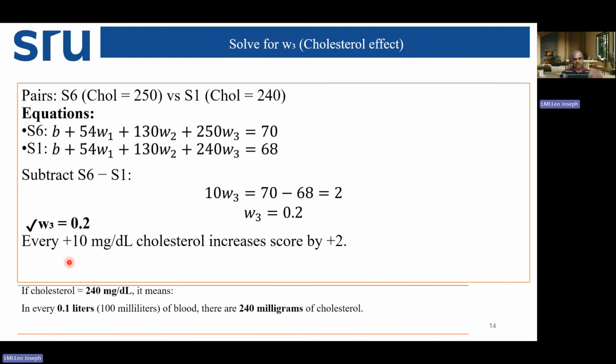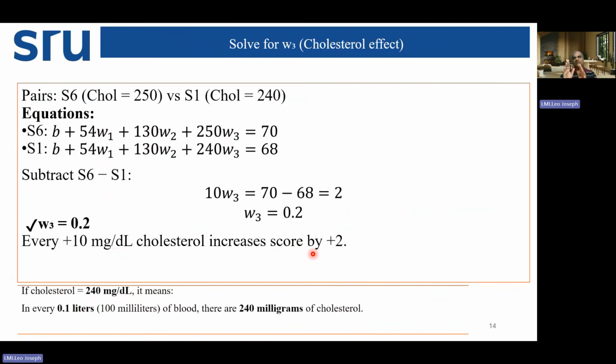Next, the cholesterol level. The last term is cholesterol: for every 10 milligram per deciliter. Deciliter is the unit for measuring cholesterol in the blood. 240 milligram per deciliter means 0.1 liter of blood contains 240 milligram of cholesterol. This is the meaning of this unit. So for every 10 milligram increase, the cholesterol-based score will increase by 2.